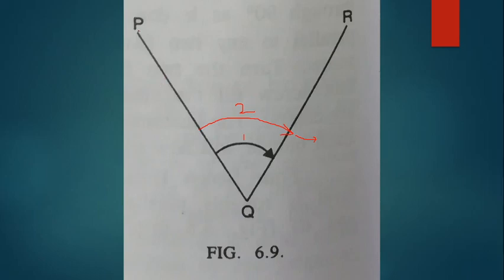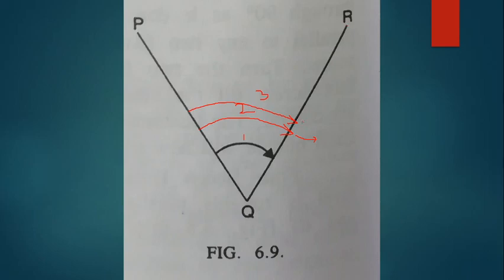Once it is exactly bisected, then it is ready for the third set. So turn the telescope, release the upper clamp and turn the telescope towards R for approximate bisection of R. Then you can clamp the upper clamp screw, and use the upper tangent screw for exact bisection of R.